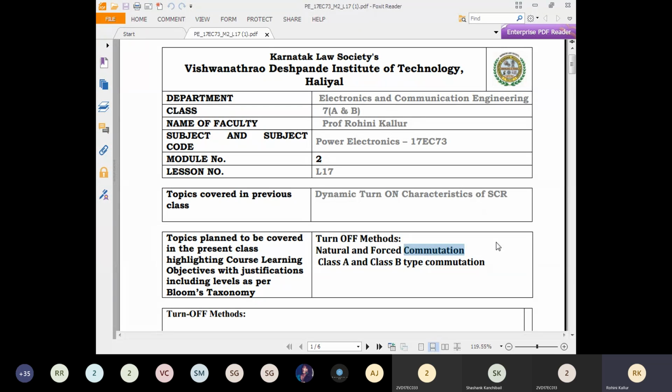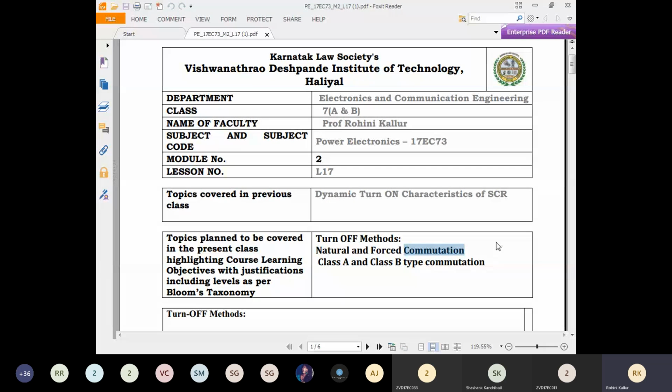In this commutation, we use either a resistor, inductor or a capacitor as a commutating device, and we make the current flowing through the device become less than the holding current.